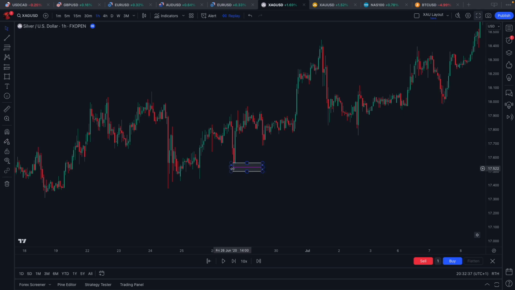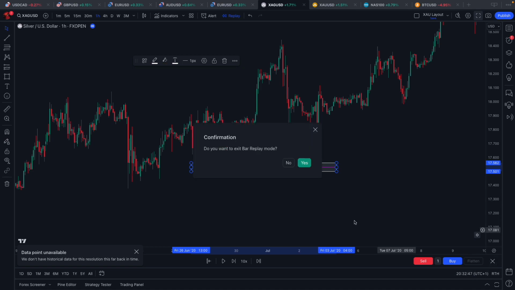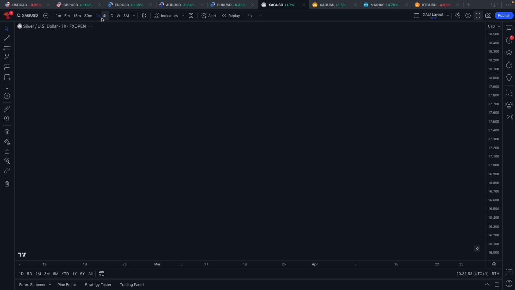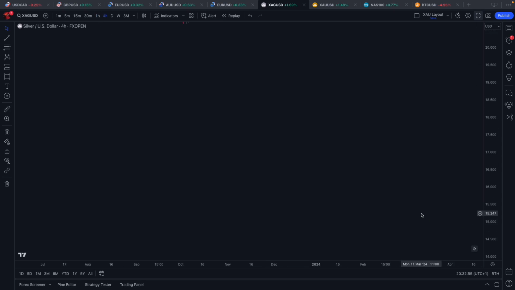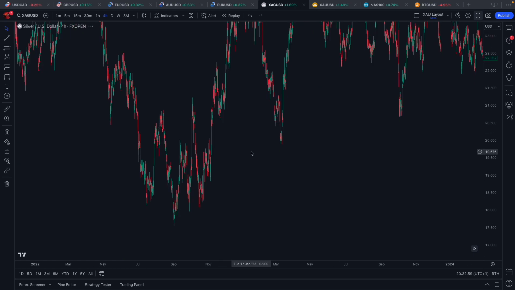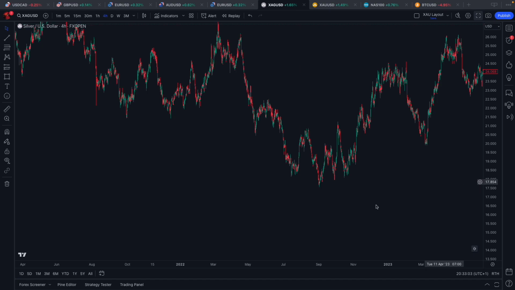So this area would actually be seen as unmitigated within the markets. Unfortunately, again, I can't go down as low as the 30 minutes just because of how far back this data is. But based on our knowledge with order blocks and the wicks that are put into these markets, we have a good understanding that this would represent an area that's been left unmitigated.